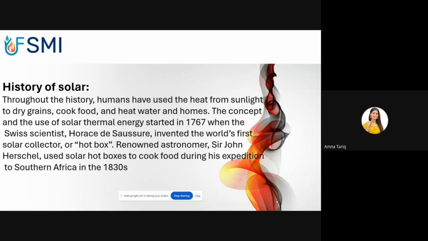Various other industries such as laundries and food processing companies also utilize solar energy. In recent years, utilities have begun to use solar thermal energy to generate electricity using steam turbines. The steam is produced by concentrating the solar energy onto a water boiler.